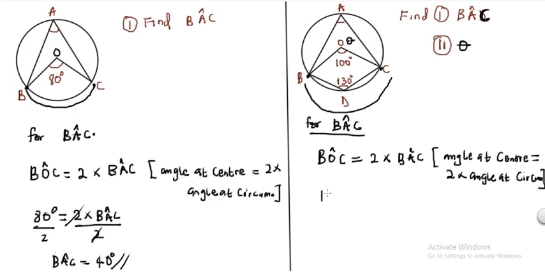So we can say this is 100 degrees is equal to 2 times angle BAC. So that angle BAC is equal to 100 divided by 2, and that is equal to 50 degrees. We found angle BAC.